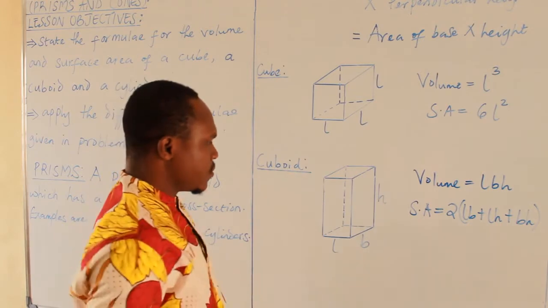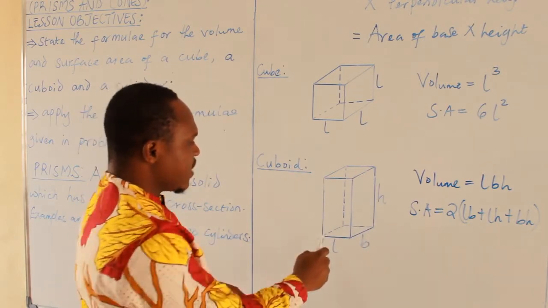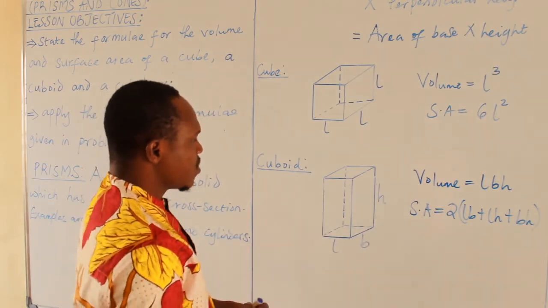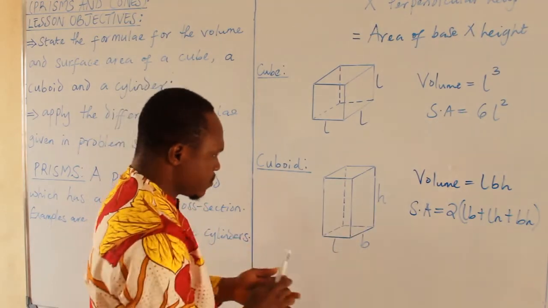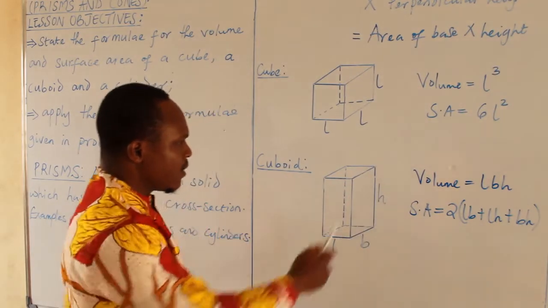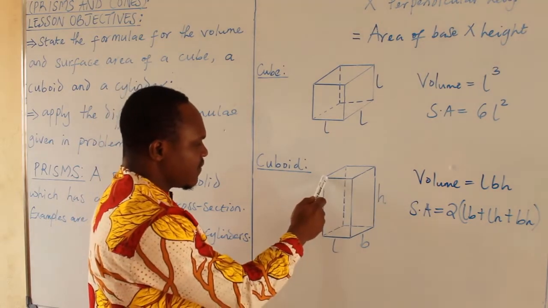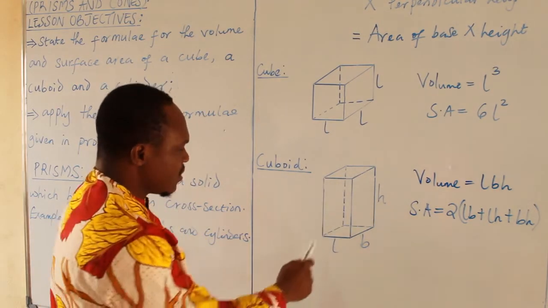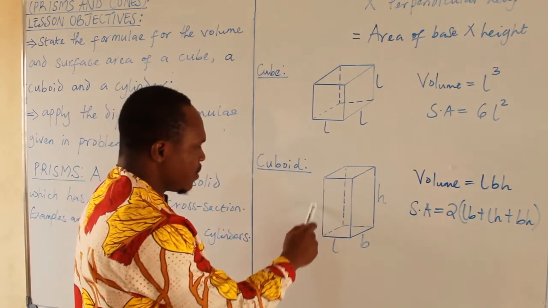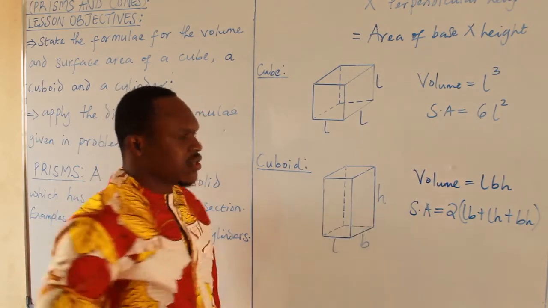Now we go to the next one. If you look at this face, it shows us we have a height h here, from here to here. The height from here to here is the same height from here to here, the same height from here to here. So it means that this length here is represented by h.